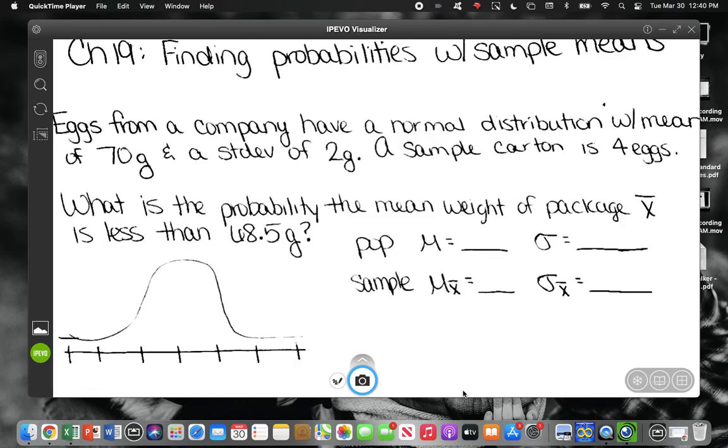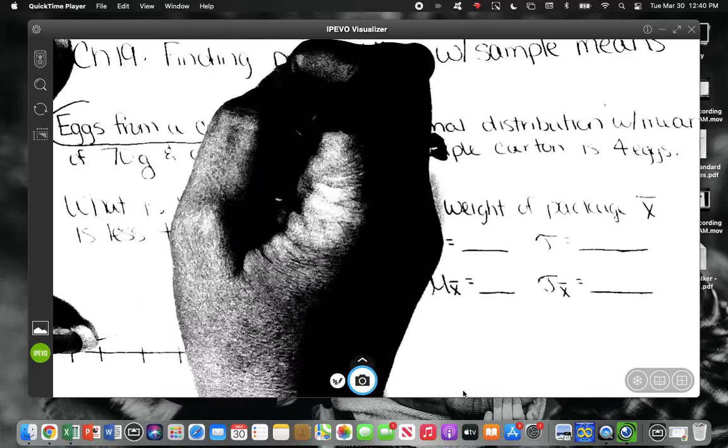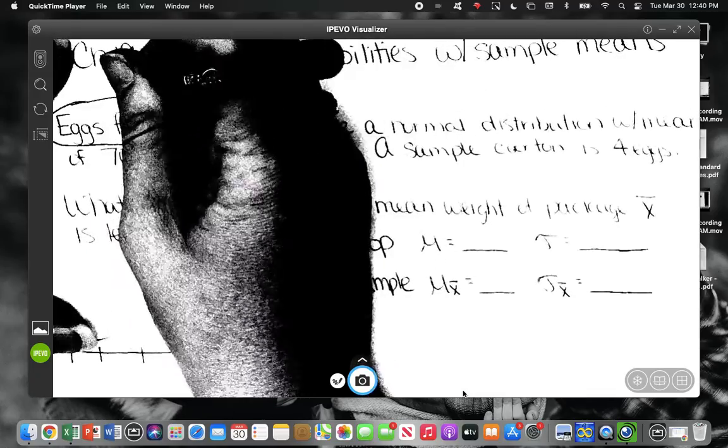All right, so in this scenario, what's the population? What's the big group that we're looking at? Eggs from the entire company. So eggs from the entire company is the population.